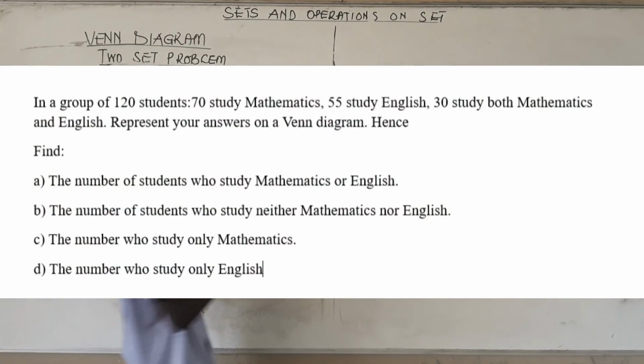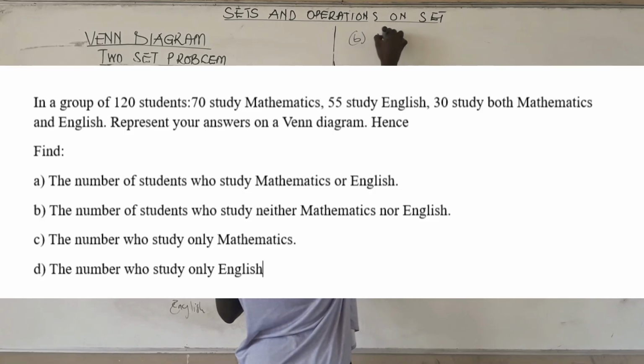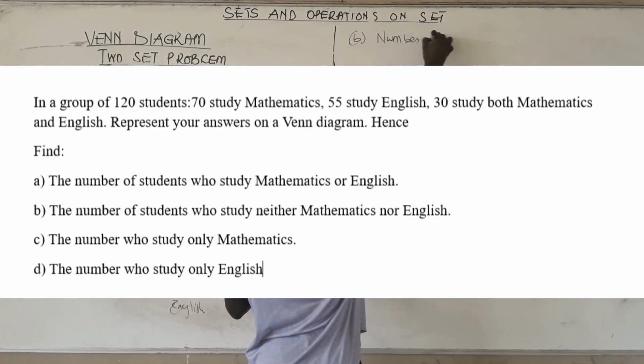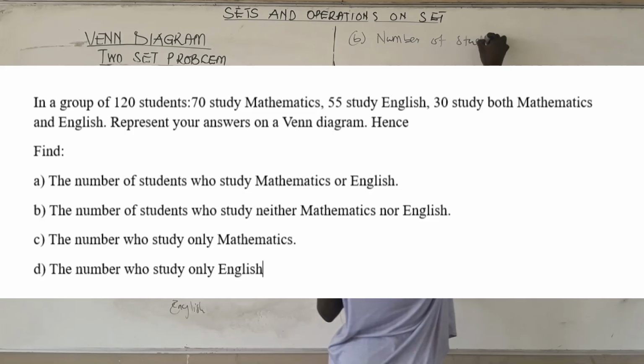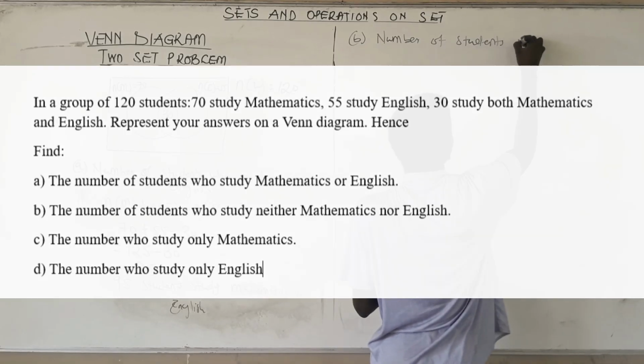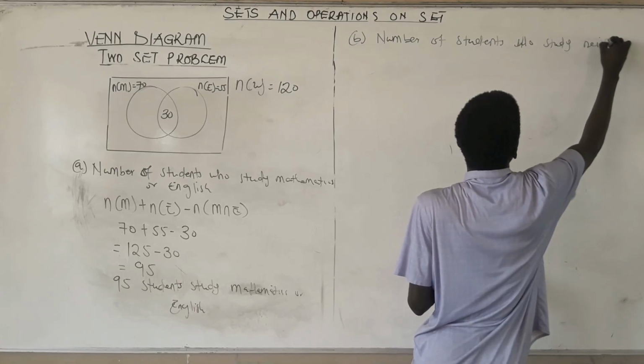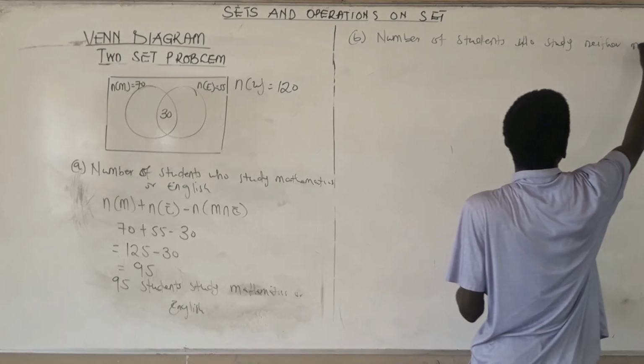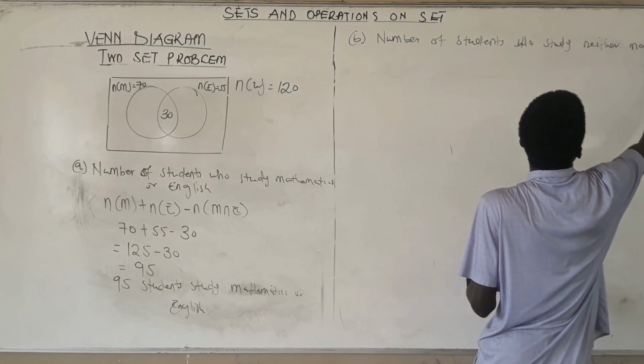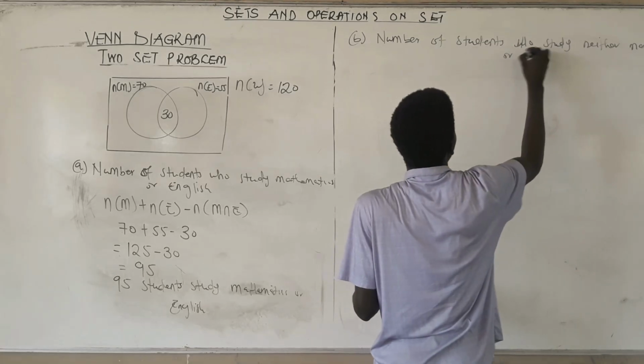So the number of students who study neither mathematics or English.